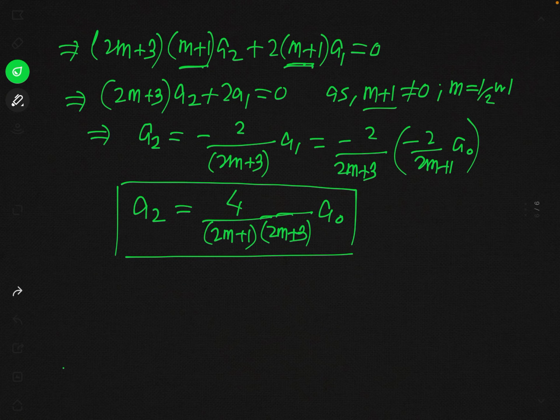Now to get one more coefficient, that is a3, we will equate to 0 the coefficient of x to the power m plus 3.